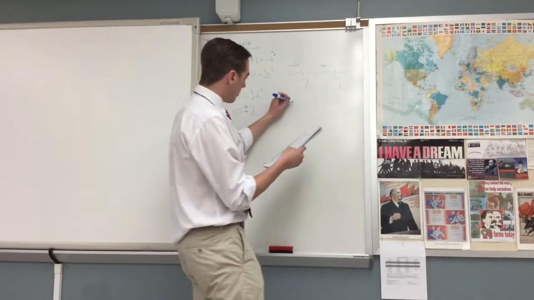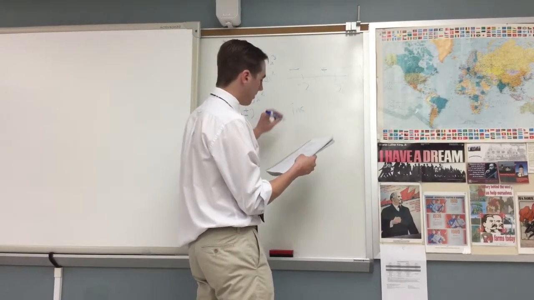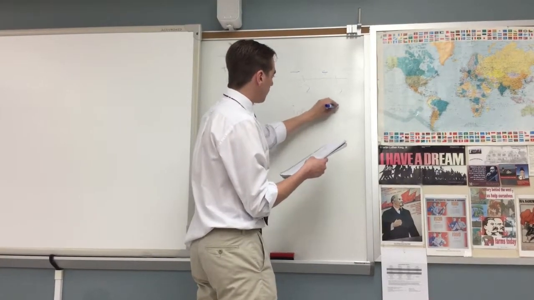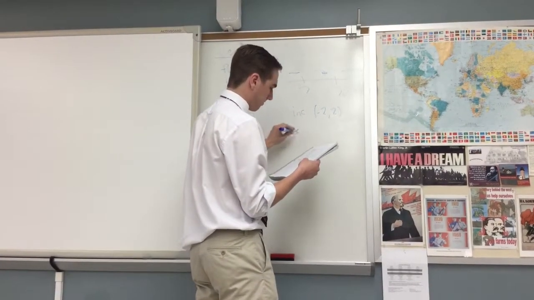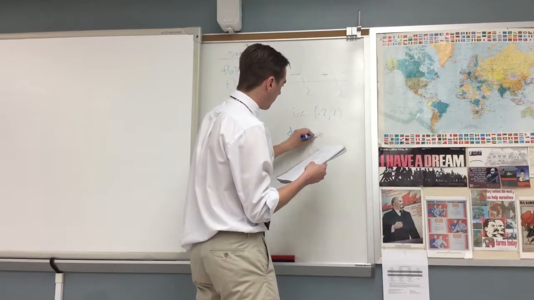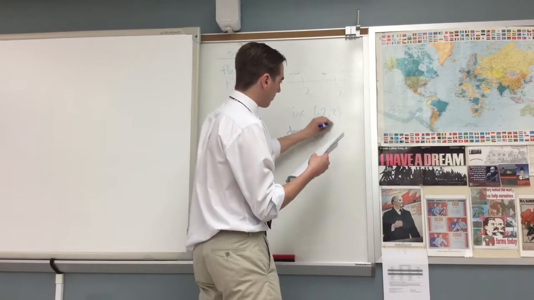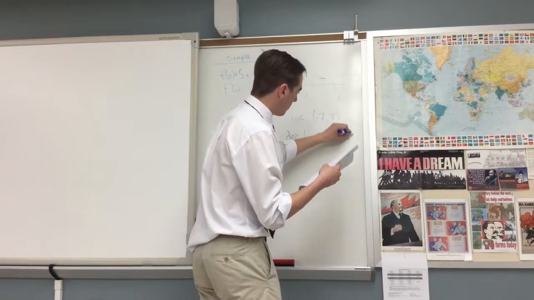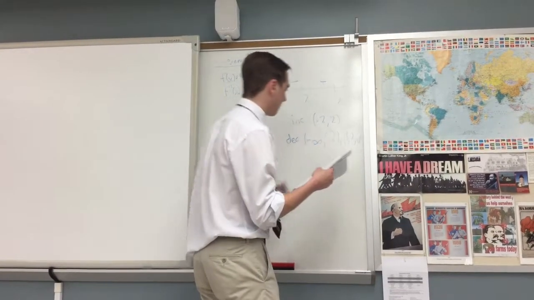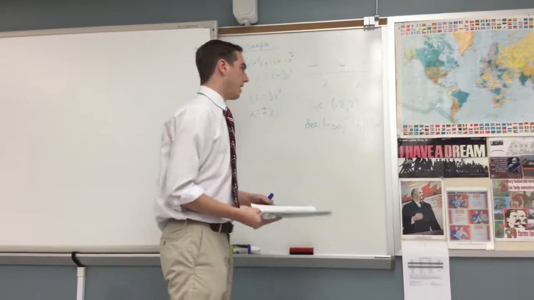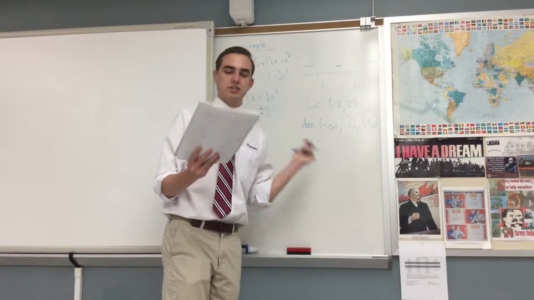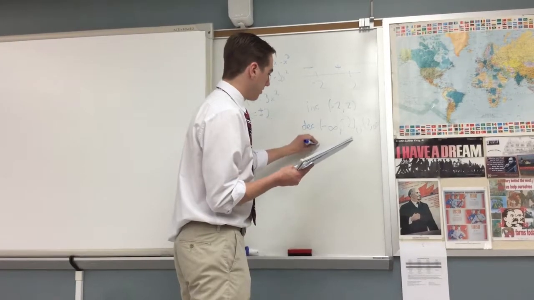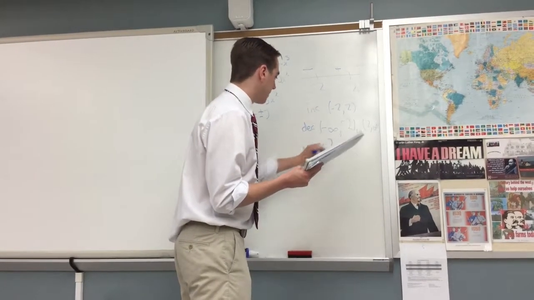So increasing is negative 2 to positive 2, decreasing is negative infinity to negative 2, and also from 2 to positive infinity. And now the minimum is at negative 2, and the maximum is at 2.